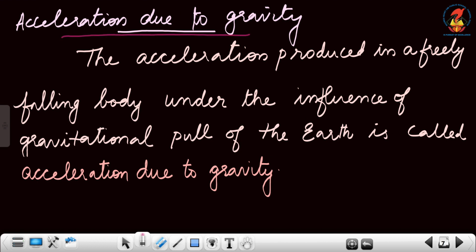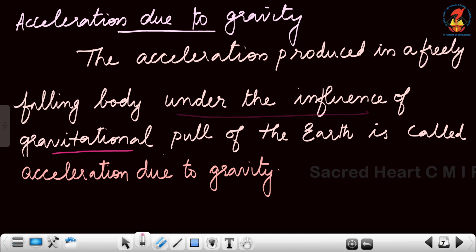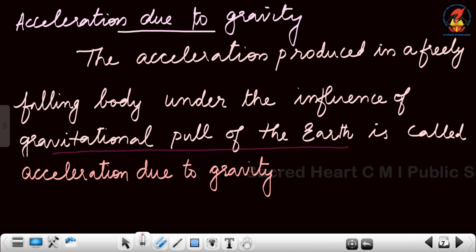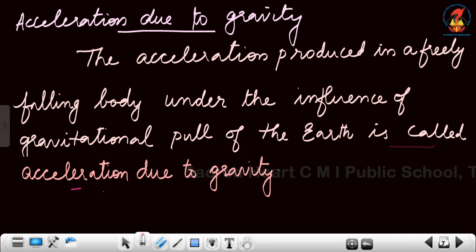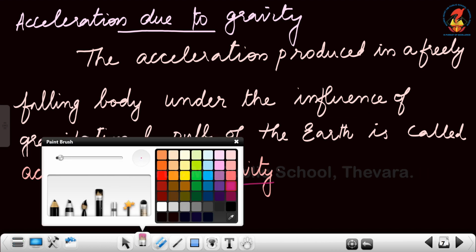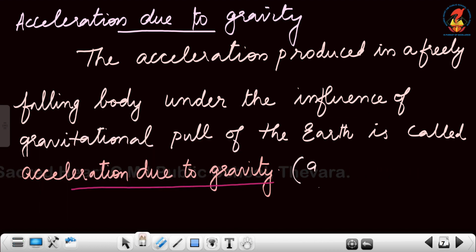Now what is acceleration due to gravity? The acceleration produced in a freely falling body under the influence of gravitational pull of the Earth is called acceleration due to gravity, and it is denoted by the small letter g.